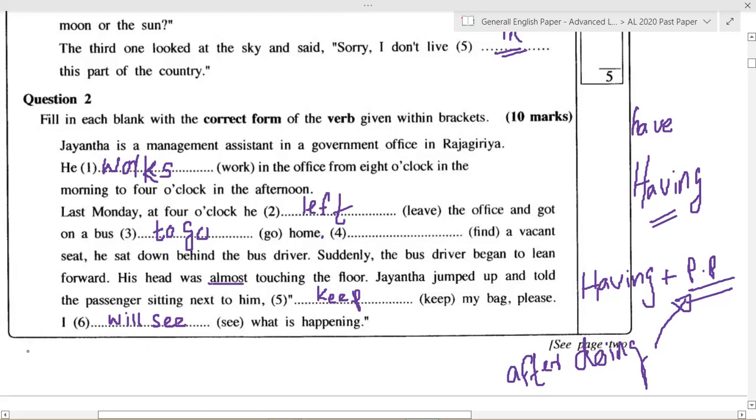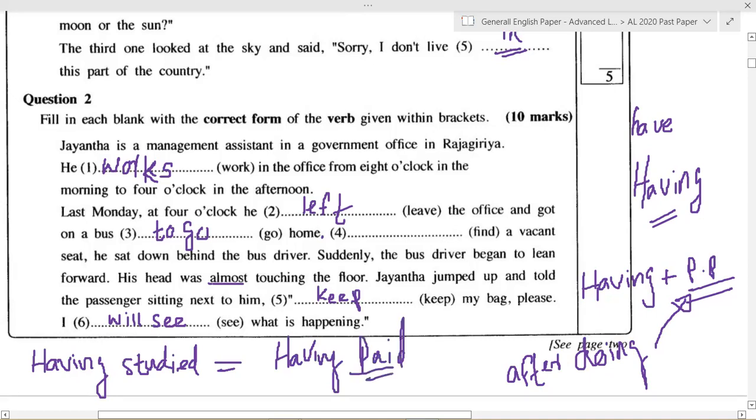Something like that. I'm going to explain here itself. Having studied, which means after studying. Another one, having paid, after paying. Okay, so here we can use this form, a vacant seat, right?